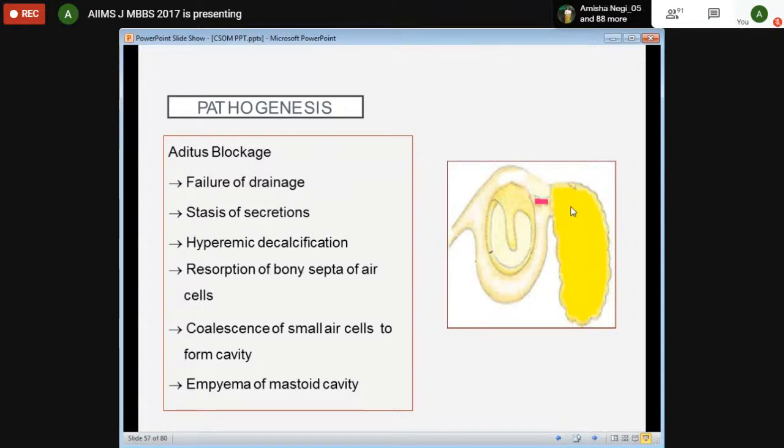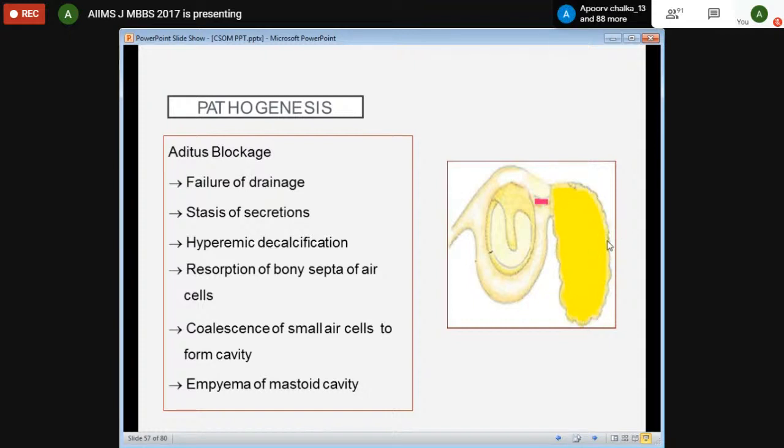A lot of pus will be formed, and gradually this pus will not be able to come out through the small area in the tympanic membrane. So gradually the bony partitions also get dissolved because of hyperemic decalcification. First, pus forms inside the air cells, and gradually all the partitions are absorbed, leading to a single cavity with pus formation.